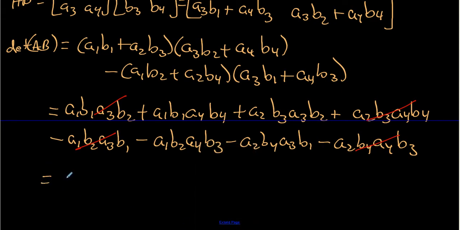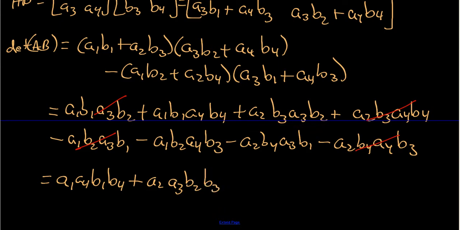We have an a1, and I'm going to write all of these terms with the a's first and the b's second. So for this term here, we're going to have a1 a4 times b1 b4. And then for this term, we're going to have a2 a3 times b2 b3.